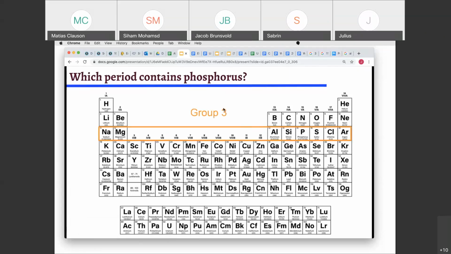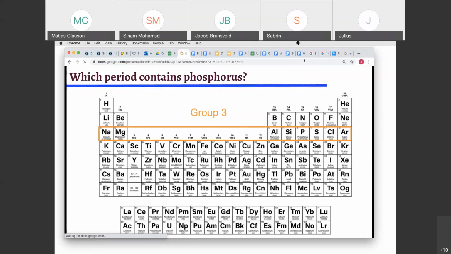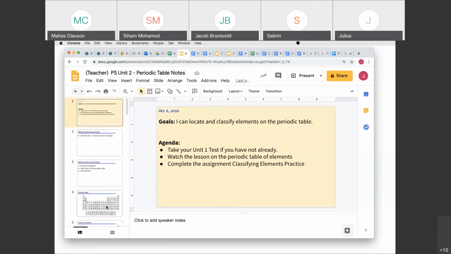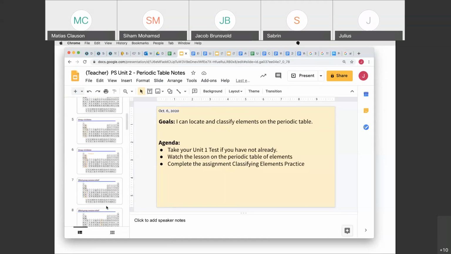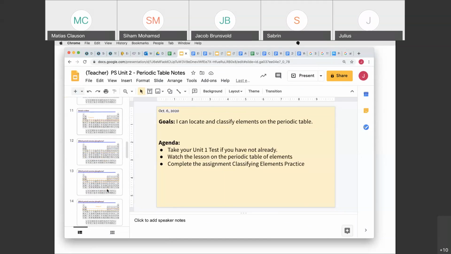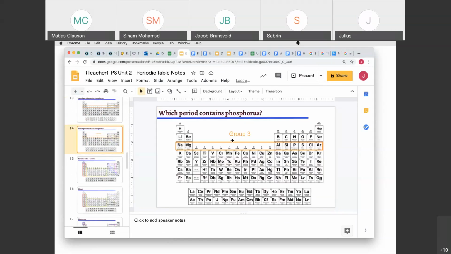Oh, whoops. So that says group 3. That should say period 3. In fact, I'm going to edit that right now just because I have time. This isn't going to be very long notes, folks. This should say period 3.